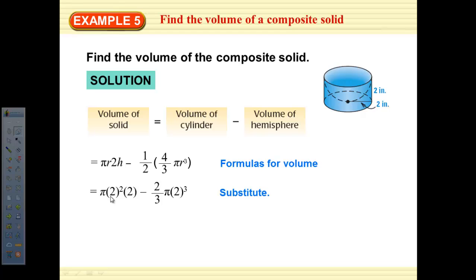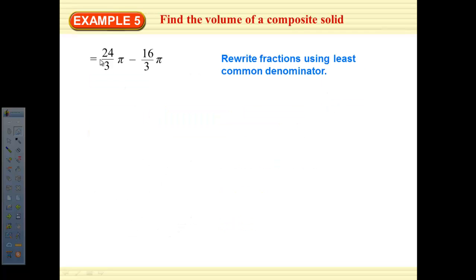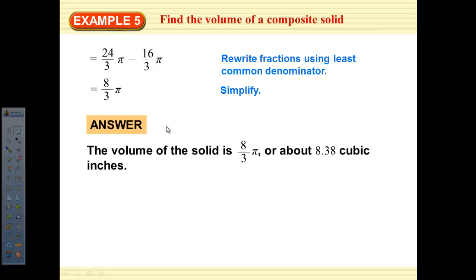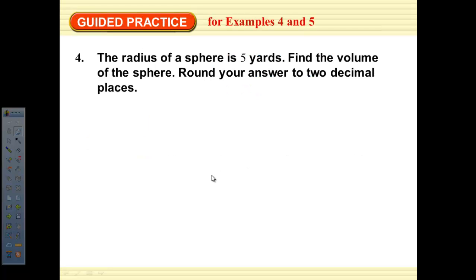So we have 2 squared and 2, which I did before, and then this is 2/3 pi times 2 cubed. Multiplying it out, we get 8 pi, and this would be 16 pi over 3. I did what they did, so that we would end up with 8 pi over, or 8/3 pi. Calculating that out, that ends up being about 8.38, which is, I believe, what I gave you. Yes. Alright.